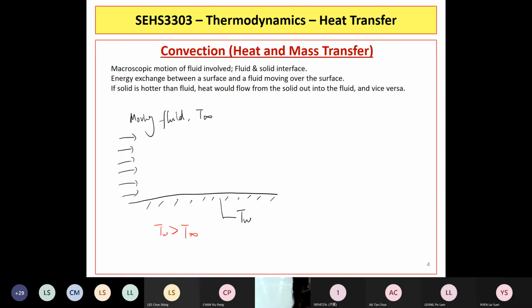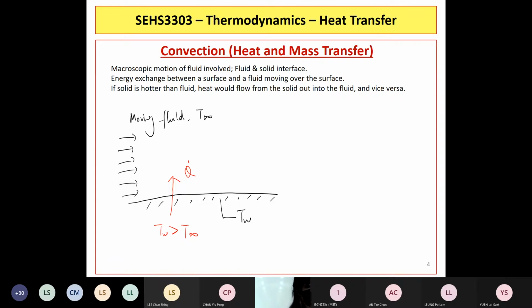What we will have is heat. Heat will flow from the solid into the fluid. This is convection, convective heat transfer. Actually, this fluid is heated by this solid.